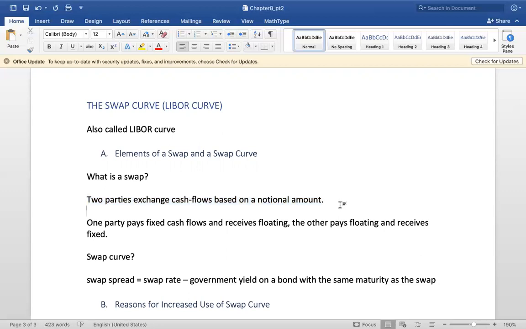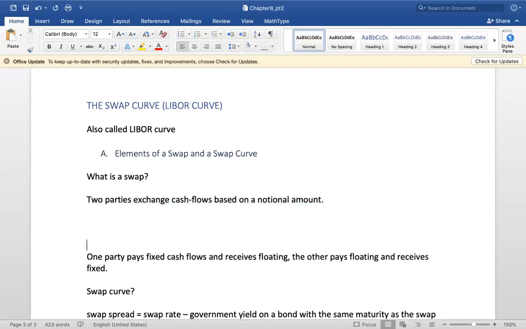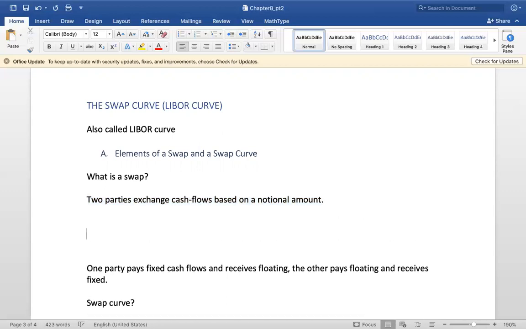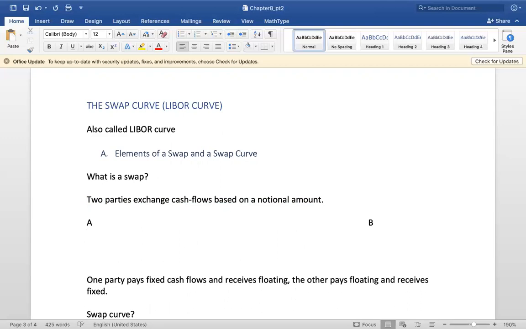Let's discuss with the help of an example. Suppose there is a party A and a party B, and the notional principal we are referring to is 100 million.